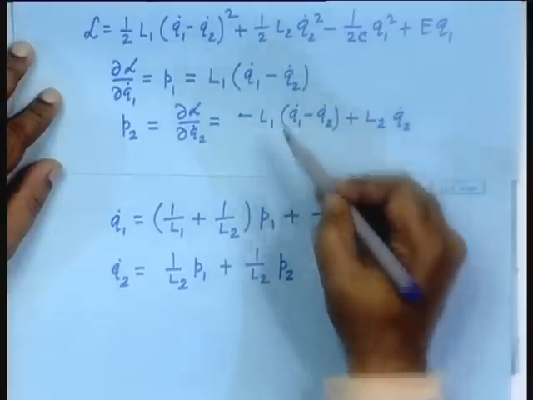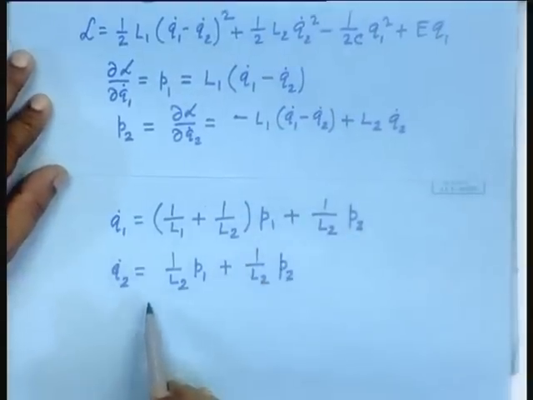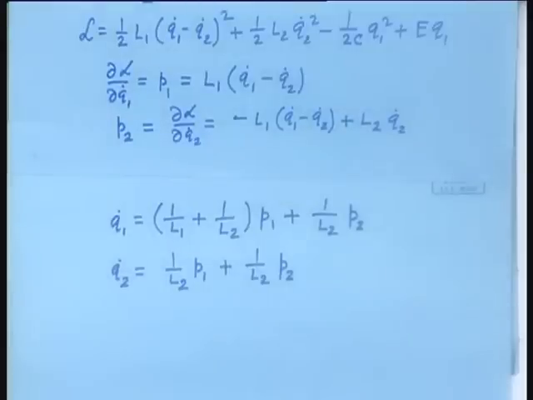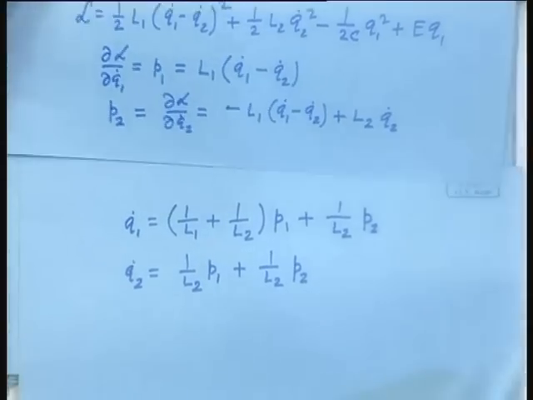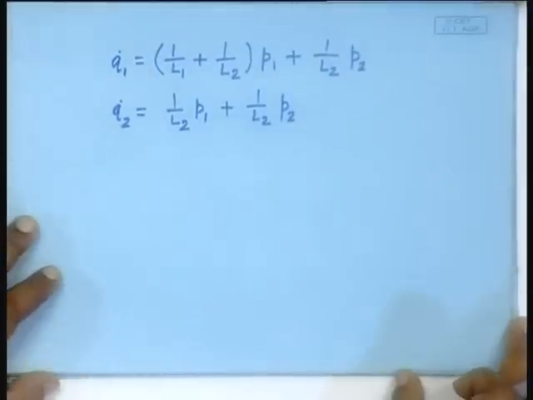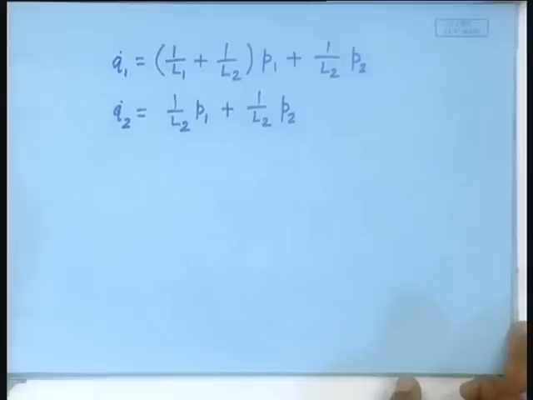From these two equations we extract q1 dot and q2 dot. Fine. Having done so, we will proceed to write down the equations for p1 dot and p2 dot.